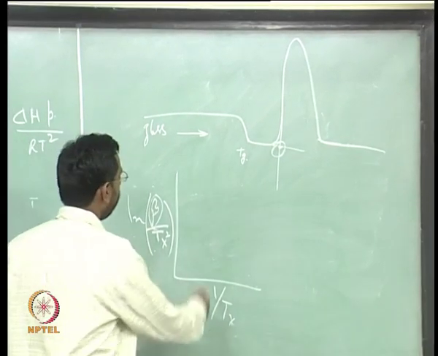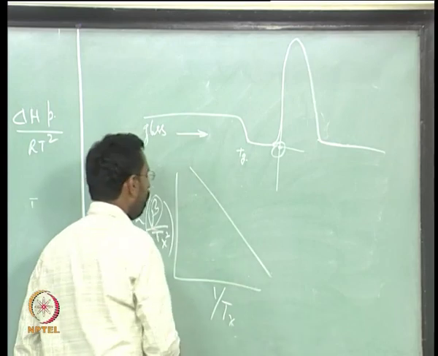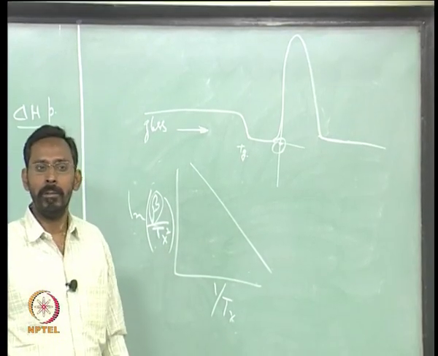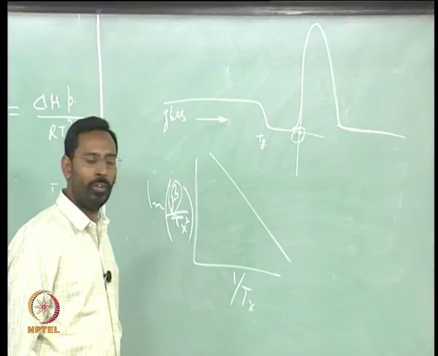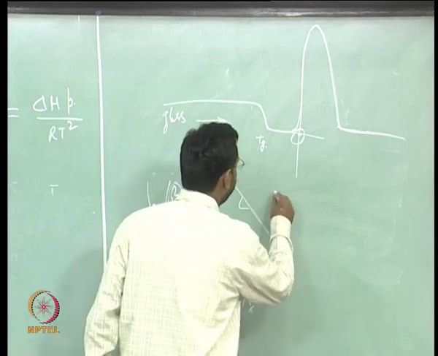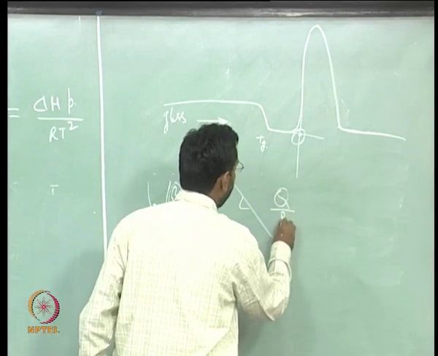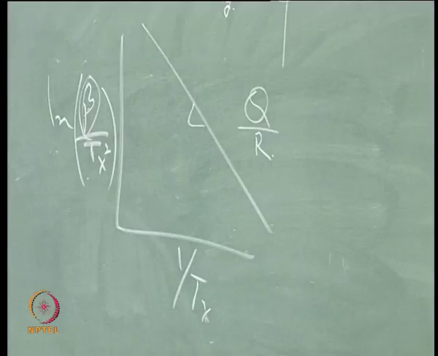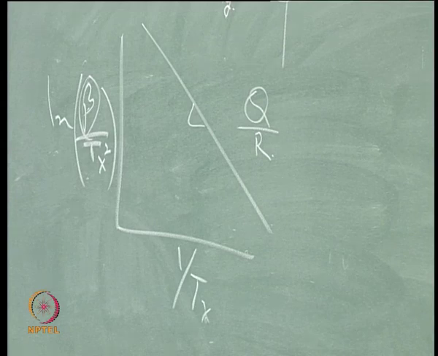and Tx is the crystallization temperature for each heating rate, versus 1 by Tx. If you do, the slope of it can be taken as Q by R, where Q is the activation barrier, exactly similar to what we did a few minutes back for vaporization, where we took ln P versus 1 by T and plotted it.